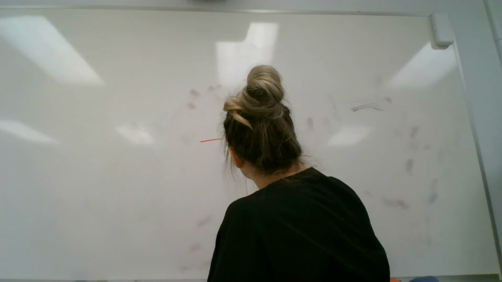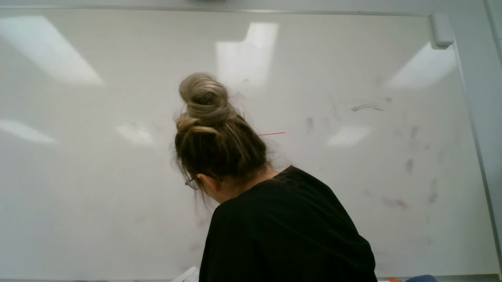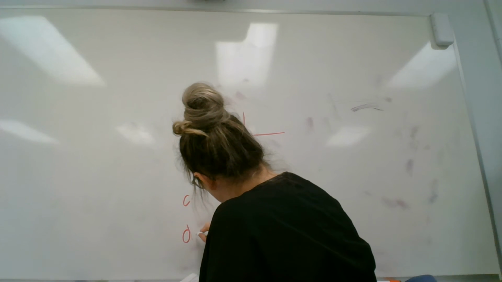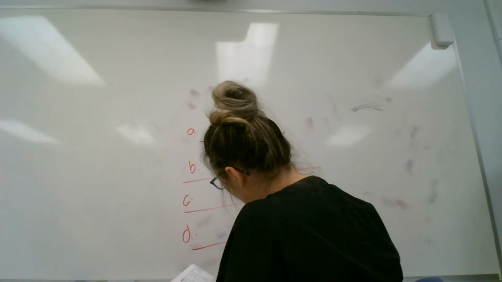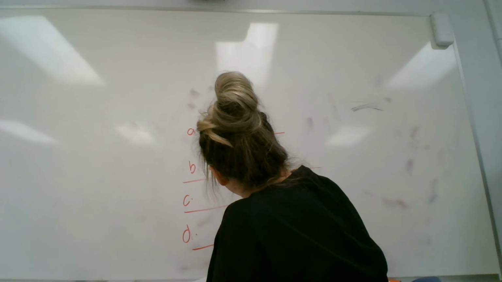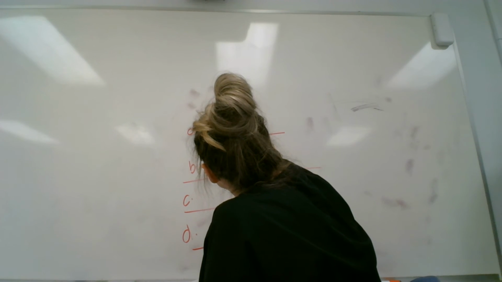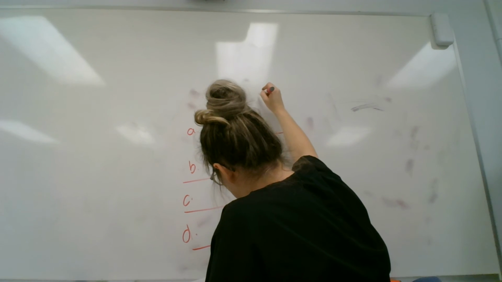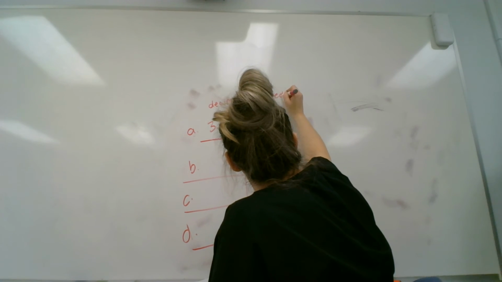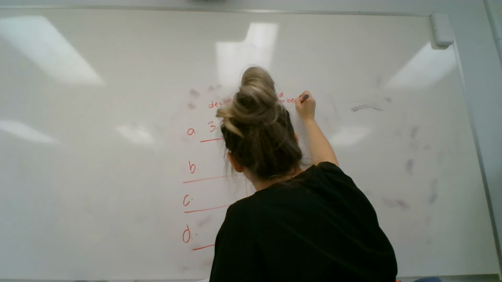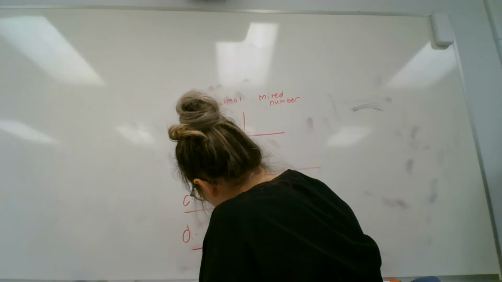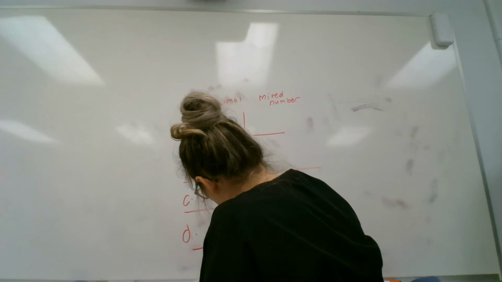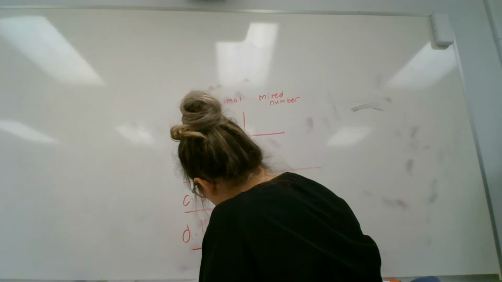Let me go ahead and write this down. Decimal, mixed number. 18.7, 2.043, 10.15.